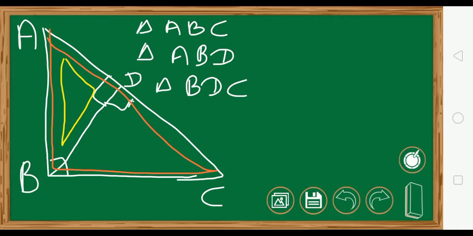In ABC, angle B is 90, and in ABD, angle D is 90. So one angle is 90, 90, that is same. And this angle A is common to both the triangles. This angle A is there in ABC also, and in ABD also.